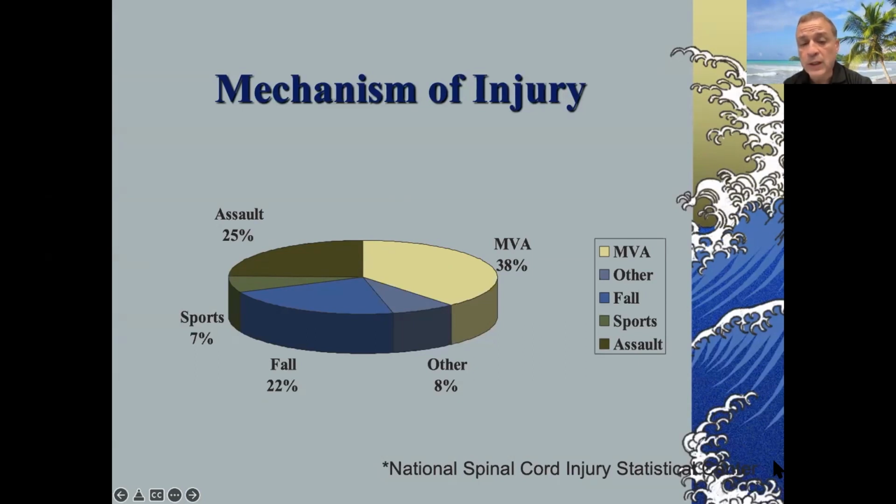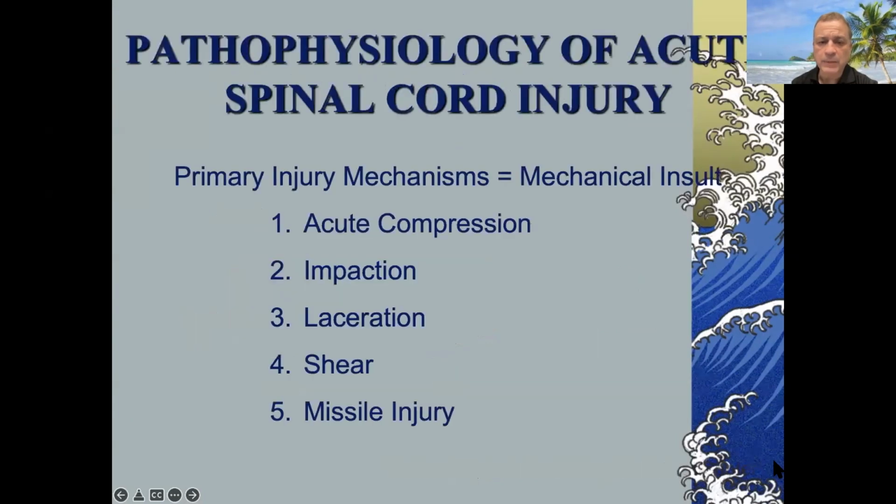We still see lots of assaults, guns and knives, but we're also seeing more and more falls as a cause of spinal cord injury, particularly in the elderly with pre-existing stenosis. A relatively light injury can result in a significant injury to the cord because of the pre-existing stenosis. We're actually going to talk a little bit about that specifically.